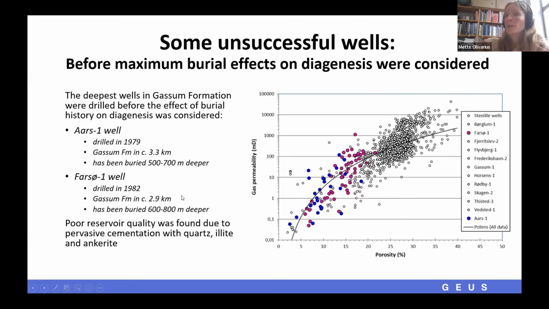Then a few years later, they wanted to drill another well in the same area. So they chose a spot where the Gassum Formation was 400 meters less deeply buried and thought it must be okay. But this place has also been buried deeper, and it was even another type of sand.